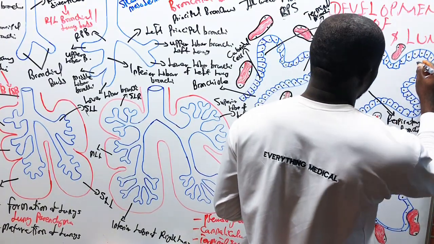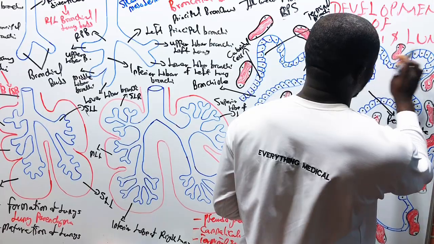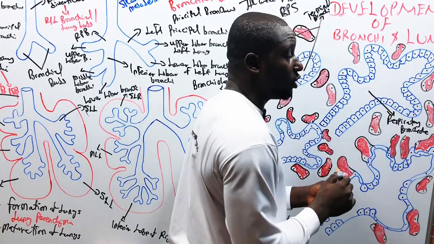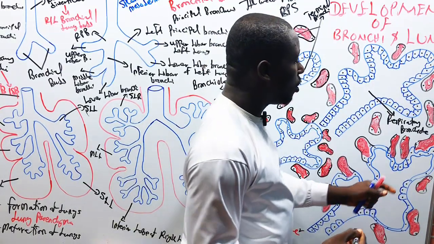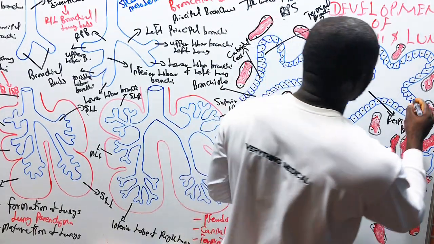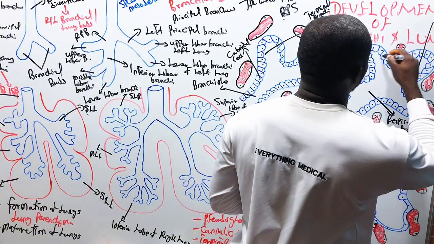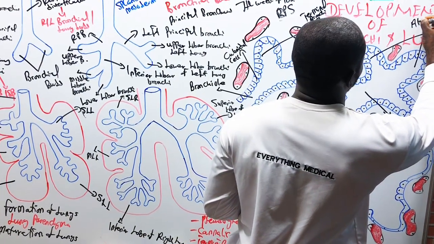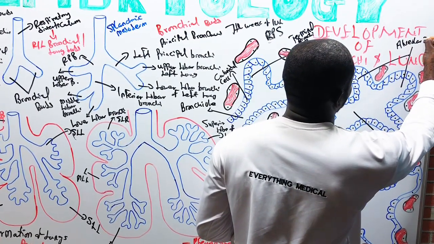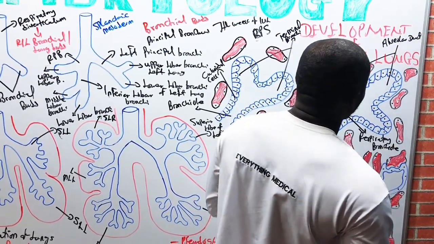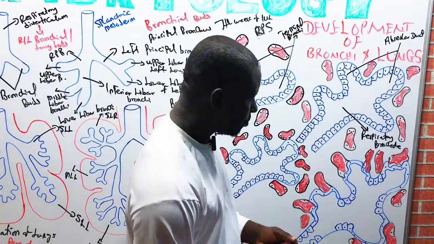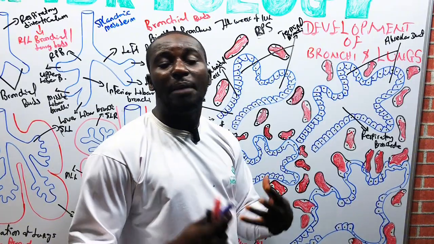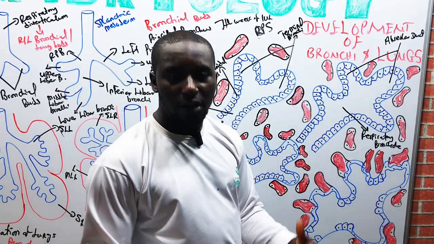These are the alveolar ducts, which are formed as a result of the further subdivision of the respiratory bronchiole, right? Now, in this stage, there is a small formation of the terminal sacs or the primitive alveoli.